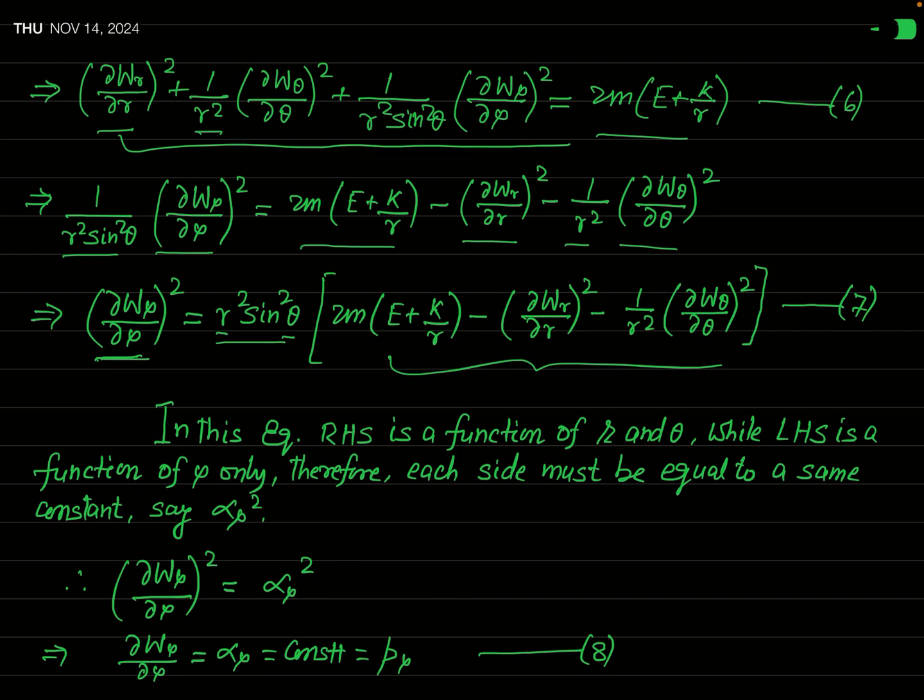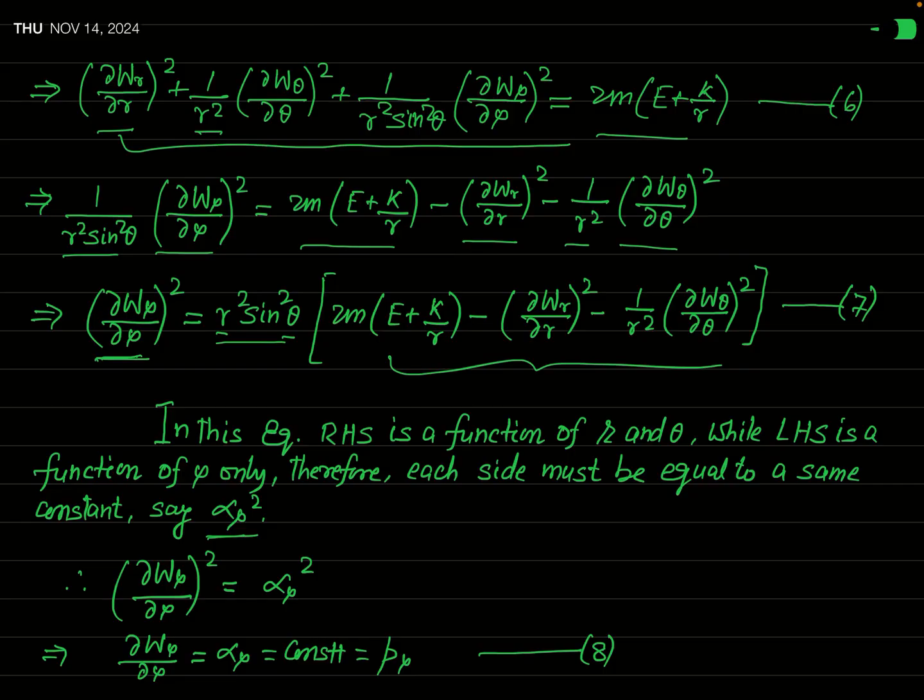So let us say that both sides of this equation are equal to a constant, let us say alpha phi squared. In fact, alpha phi squared has been written to take the positive constant.